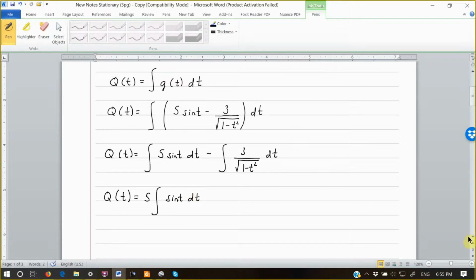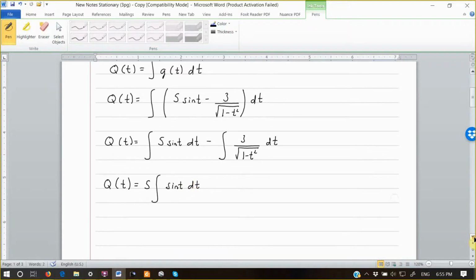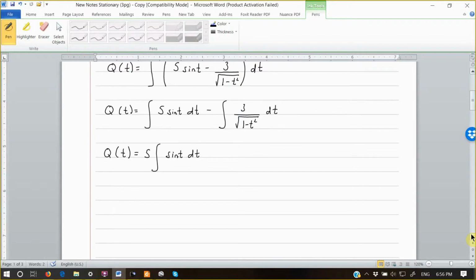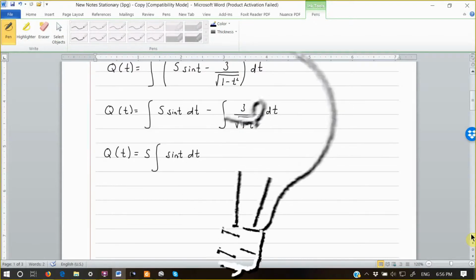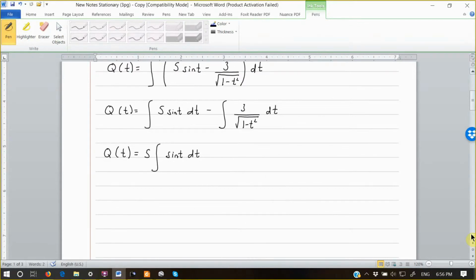Now, let's just talk about this part. Do you remember what the integral of sine t is? Negative cosine. So, just for the first half, mind you, we have 5 times negative cosine t.